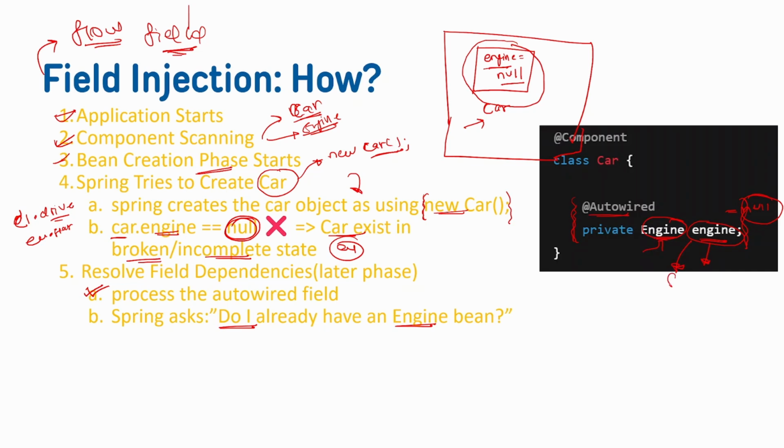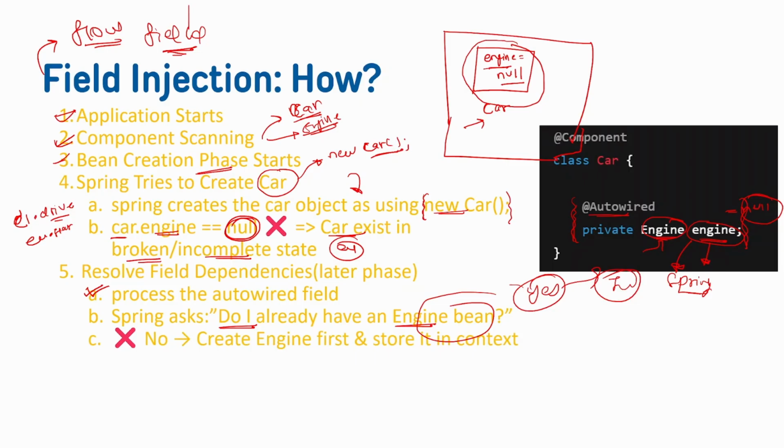So first Spring asks the context, do I already have an Engine bean? If yes, it directly injects it here. But if the answer is no, what will happen?